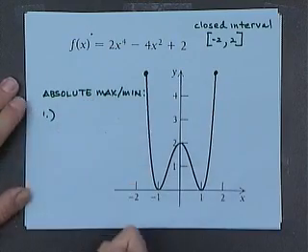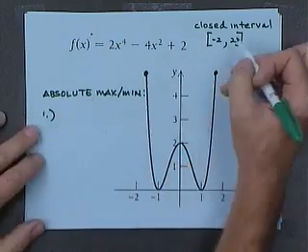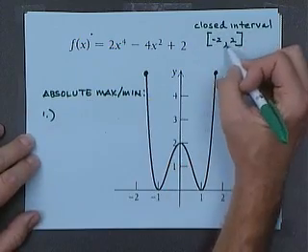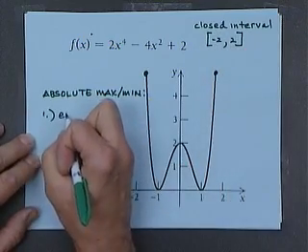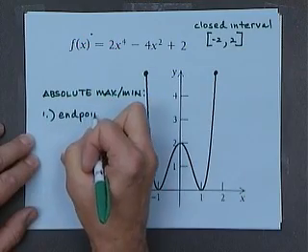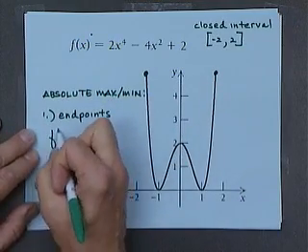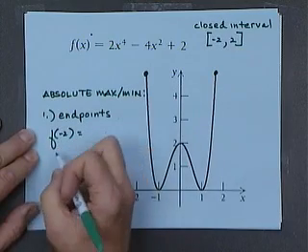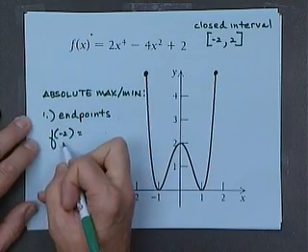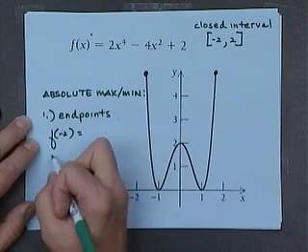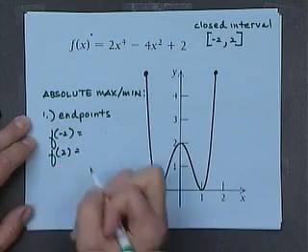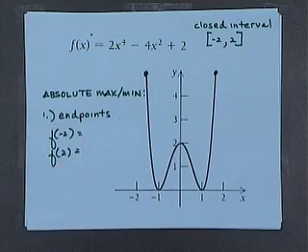So one of the things, or in this case, one of the entries, we have to check the endpoint. So in this problem, we would need to know the f of -2. That's a possible highest or lowest point on this graph. And the f of +2 is also a possible highest and lowest.